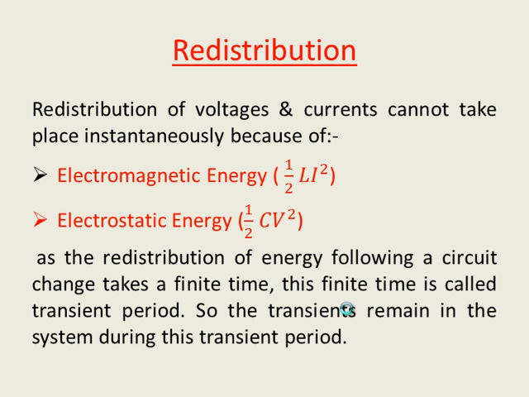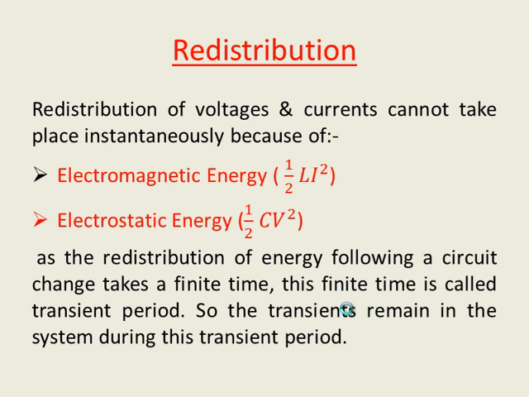As already mentioned in the slide, the distribution of energy following a circuit change takes a finite time. This finite time is called the transient period. So the transients remain in the system during this transient period.